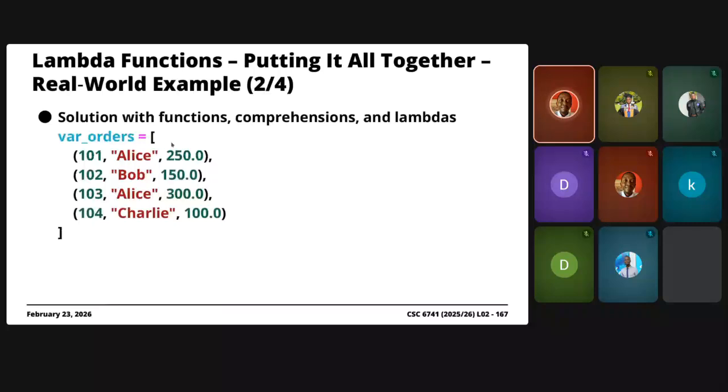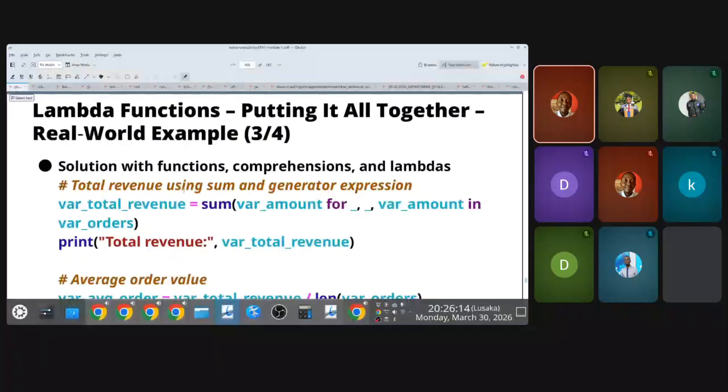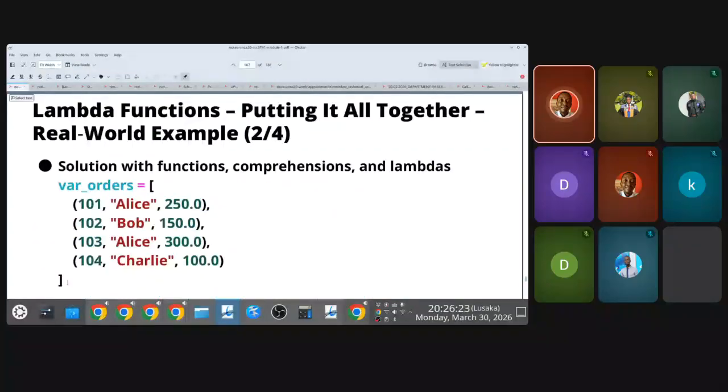Sum up the amount. And the key thing here, in case this is confusing, is that we're unpacking here, if you remember. So we get the orders. Let's do this together so that we are all on the same page.